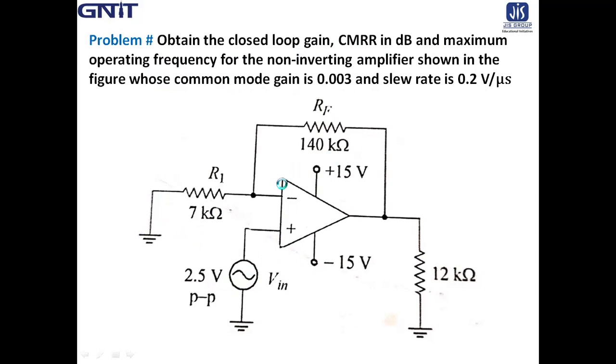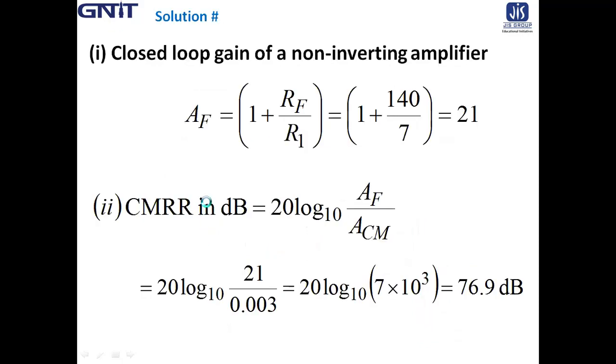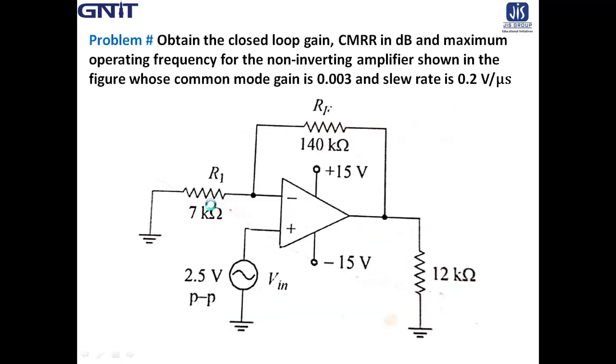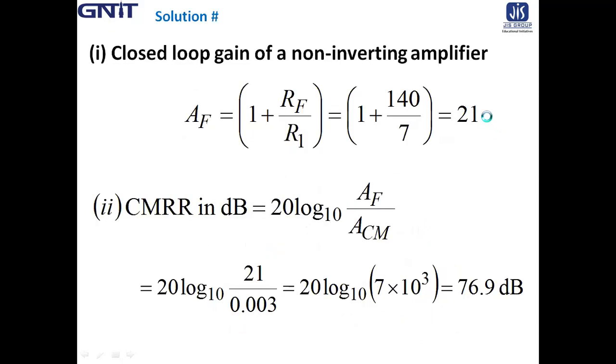So in case of non-inverting amplifier, the gain is 1 plus RF by R1, and already RF and R1 is given. So first we have to determine the closed loop gain of non-inverting amplifier AF is 1 plus RF by R1. So 1 plus RF is 140 kilo ohm and R1 is 7 kilo ohm. So that is the closed loop gain is 21.